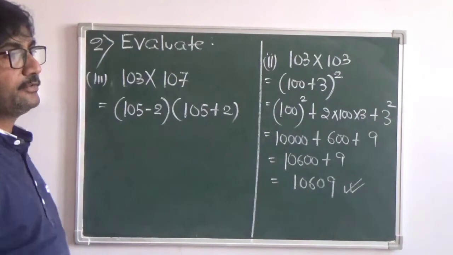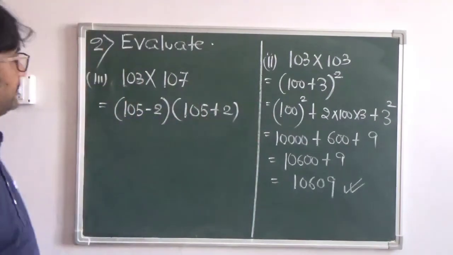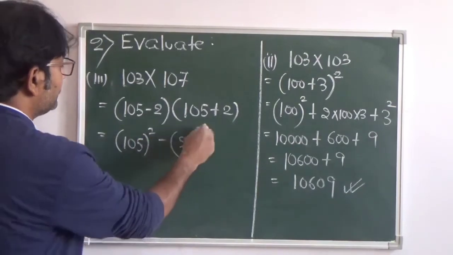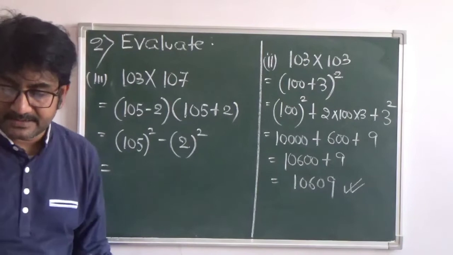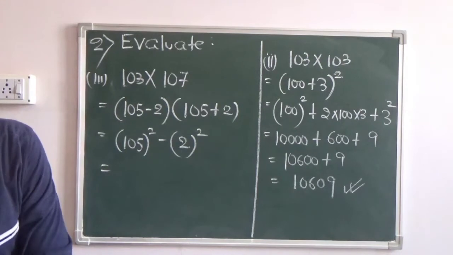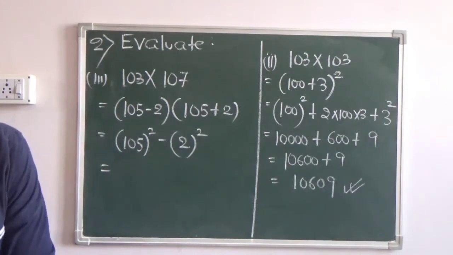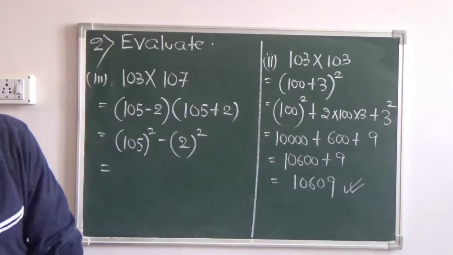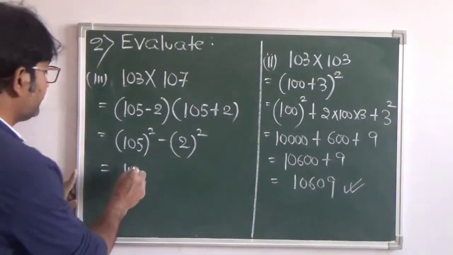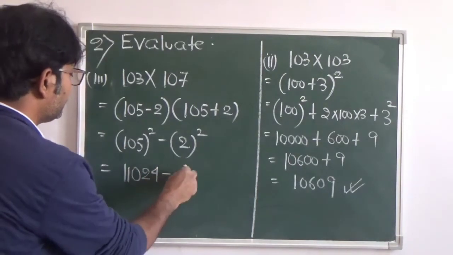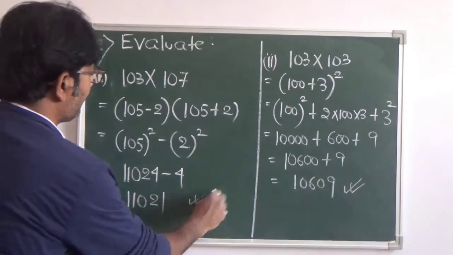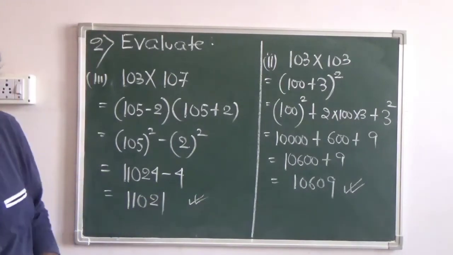So that means it is coming to a plus b into a minus b. So it is a square minus b square, 105² - 2². So the result of this is 11025 minus 4. 11025 minus 4 is 11021. So this is the result, 11021.